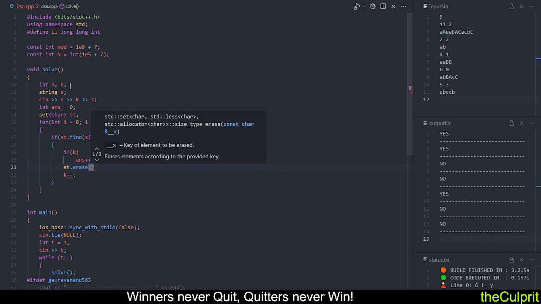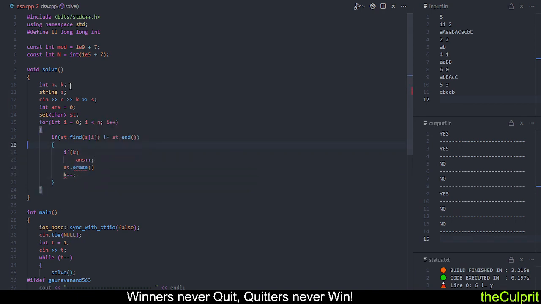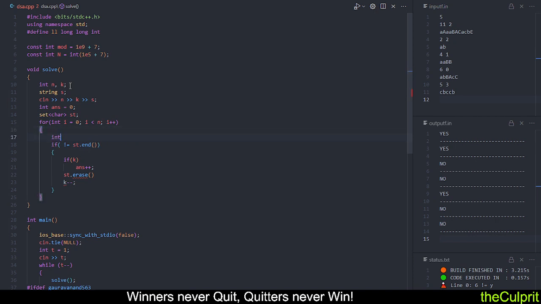st.erase, basically, it can be stored into an iterator variable.